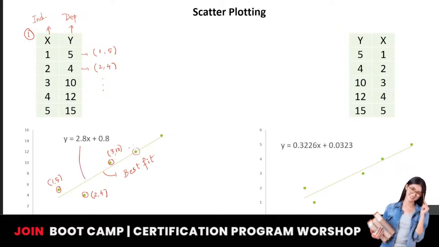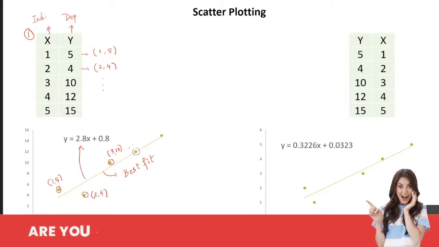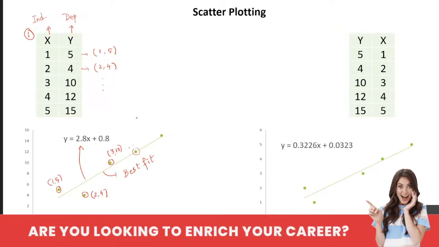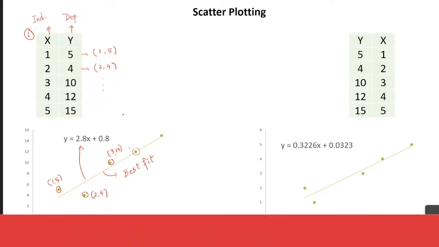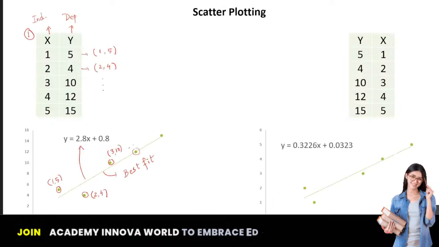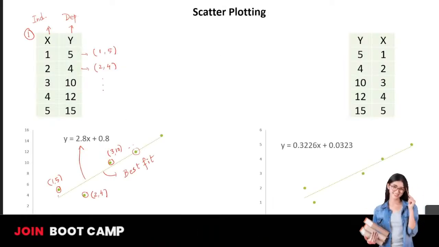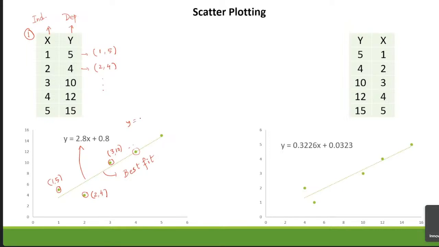We need to find out the equation of the straight line. And what is the equation? We know that every straight line equation is y equal to mx plus c. m is the slope and c is the constant term, which is also called the intercept.